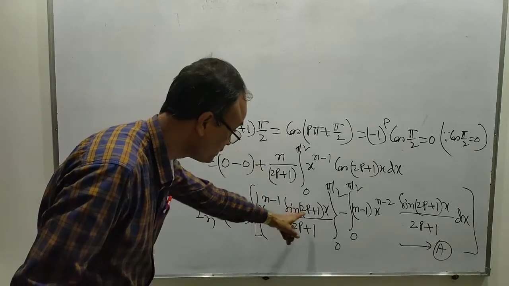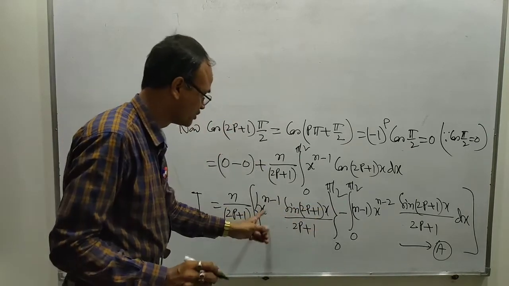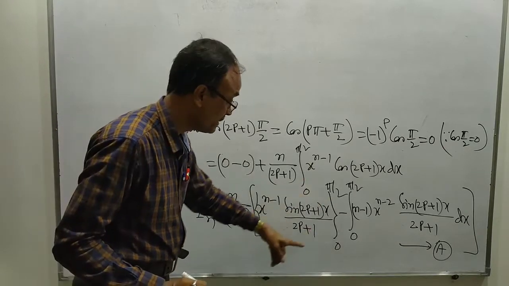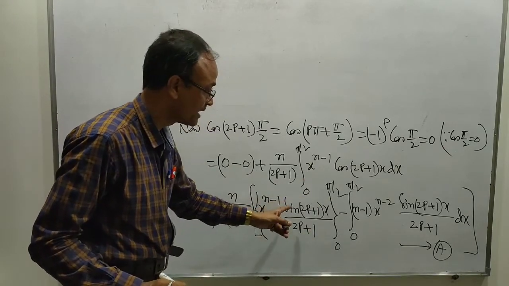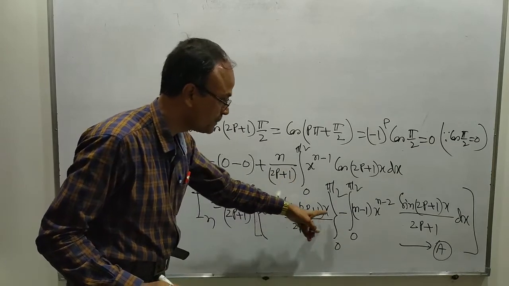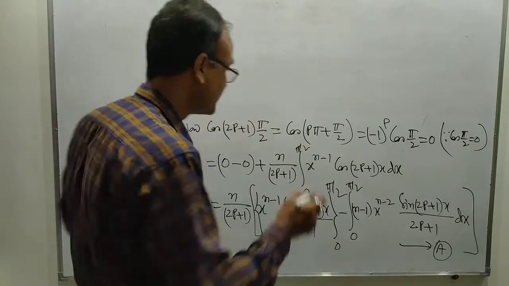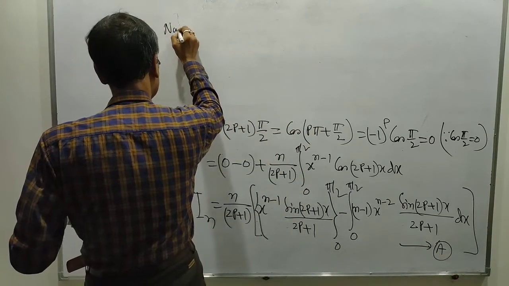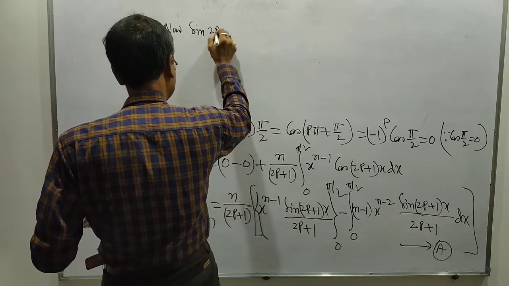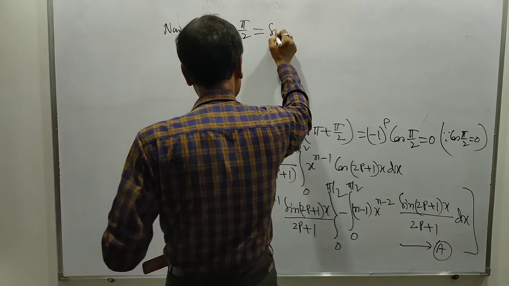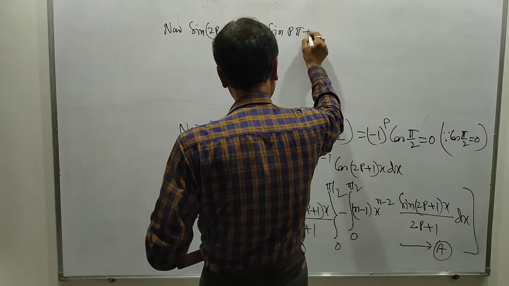Now, sine twice p plus 1 times pi by 2. If you put 0, it will be 0 because x is here. If it is pi by 2, it will be pi by 2 to the power n minus 1. What is sine twice p plus 1 times pi by 2? P is a positive integer. Now, sine twice p plus 1 times pi by 2 equals sine p pi plus pi by 2.